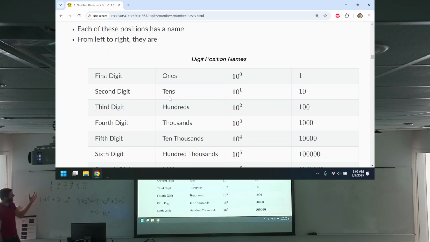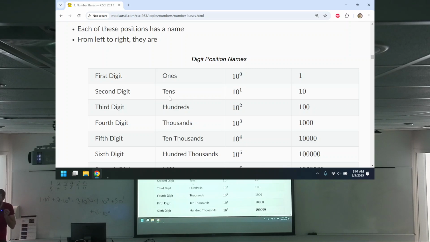Great. But that's how we can go from the meaning of the number in base 10. When I see 1, 2, 3, 4, 5, 6, I know it means 123,456, because it's in base 10, and we all know that this is how it works.